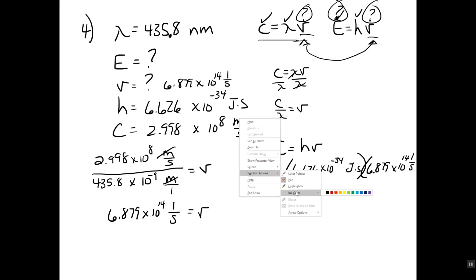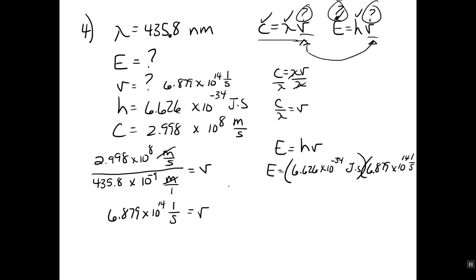Change that to black. And let's go ahead and screen options. Let's see here. It's not allowing us to erase the ink on the screen, so let me see if I can. Oh, that's right, it wouldn't let me discard it.